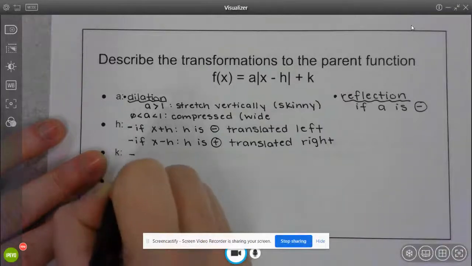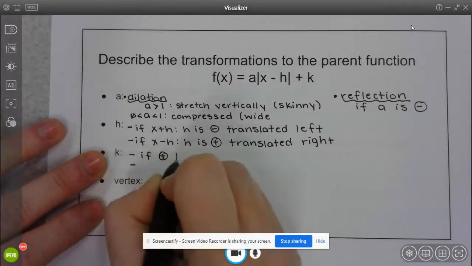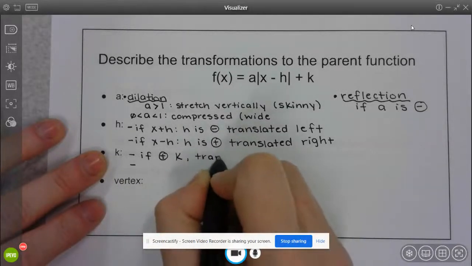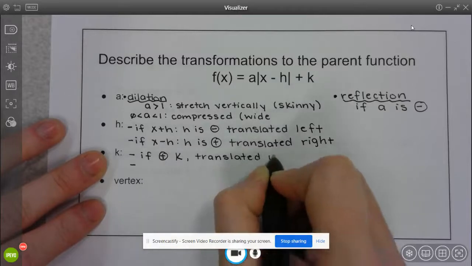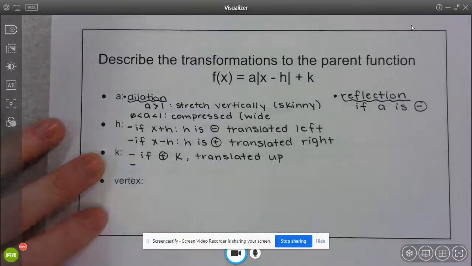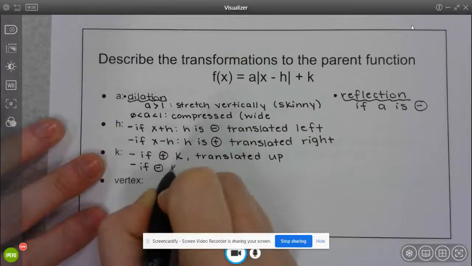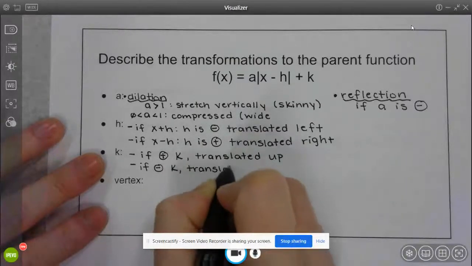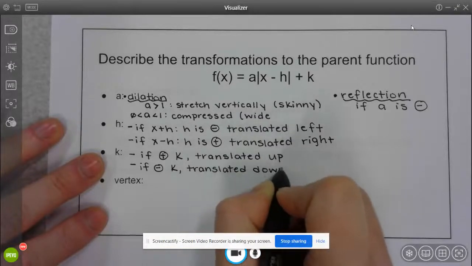For K, it is the same. So if we have a positive K value, we've translated up. It's identical to what we did for quadratics. And if we have a negative K, it has been translated down.